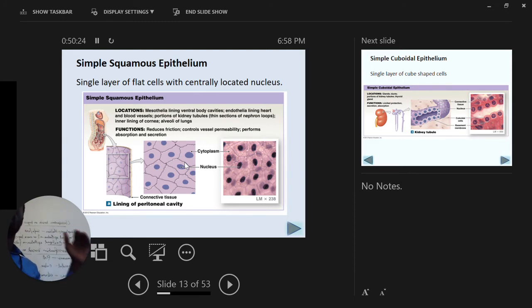They are secreting. Anywhere you see anything squamous, it has to do with secretion. And they are also located in areas where they are washed away, and they can quickly replicate themselves. So take note of that.